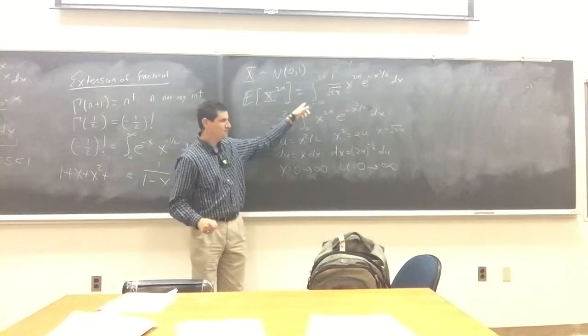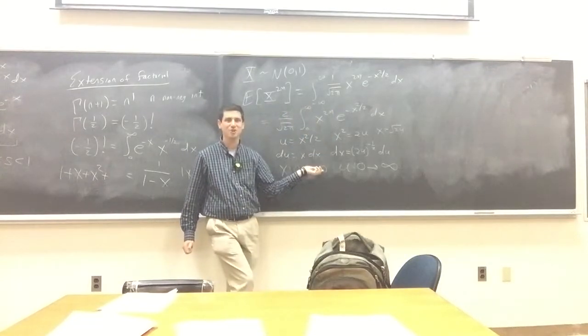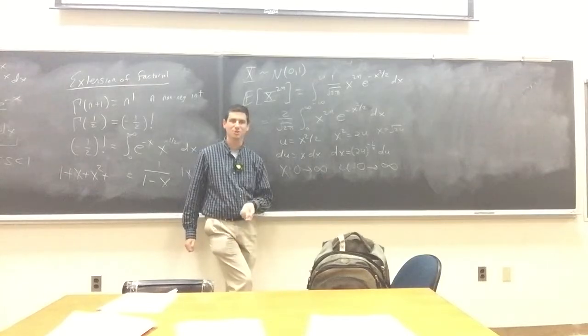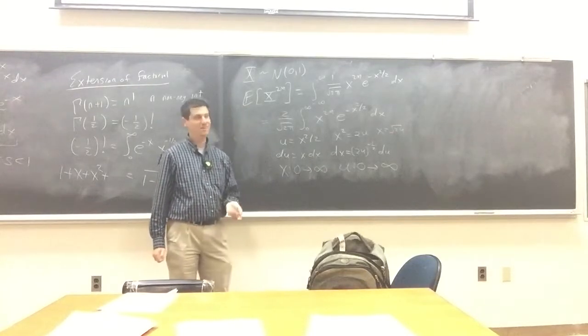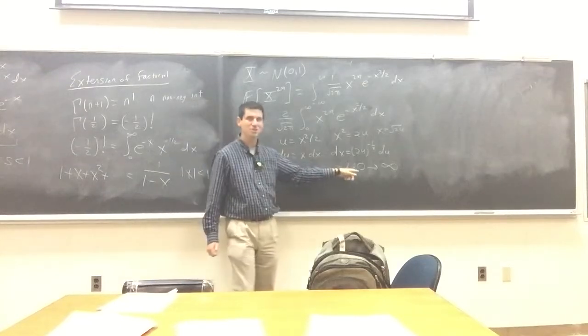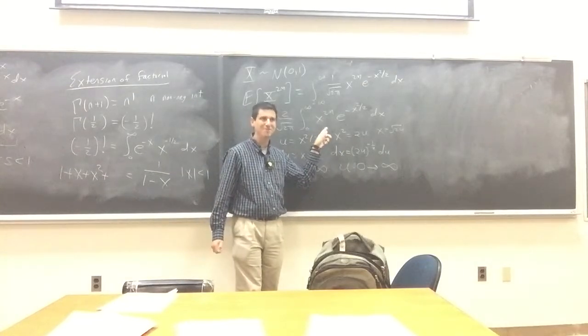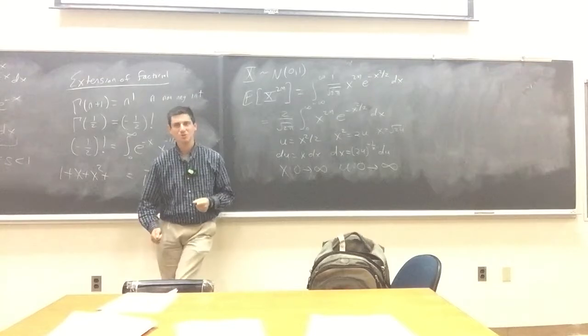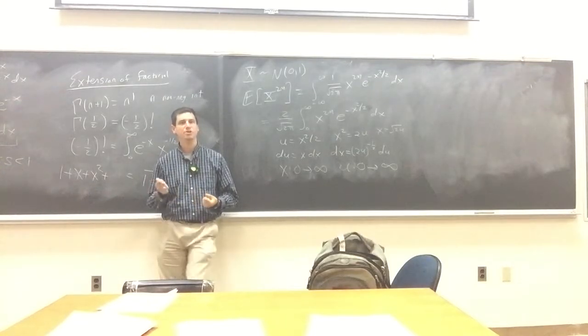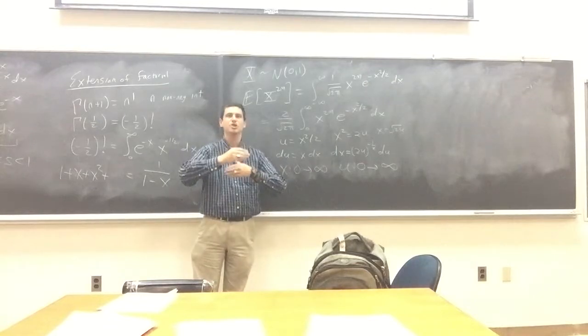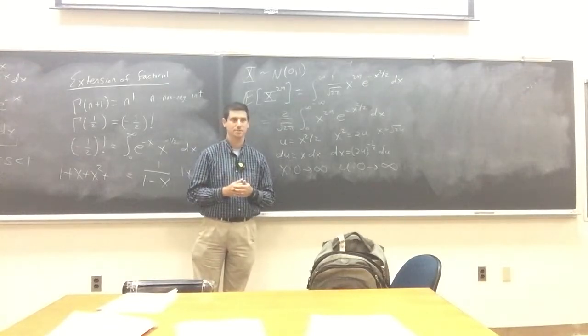Imagine x went from minus infinity to infinity and you did this change of variables. What would you get for your range of u? Well, when x is negative infinity, u is infinity, and when x is positive infinity, u is infinity. This is one of the most common mistakes people make when they're doing change of variables. You've got to make sure you don't cover the region twice.